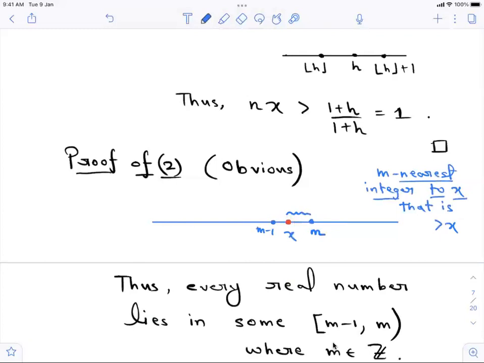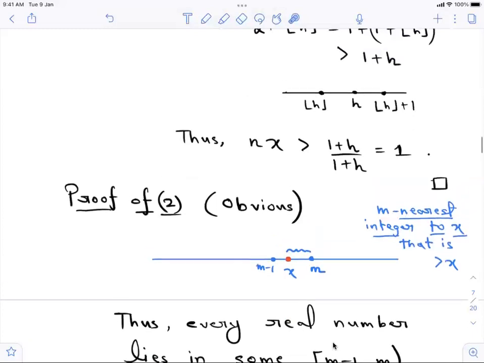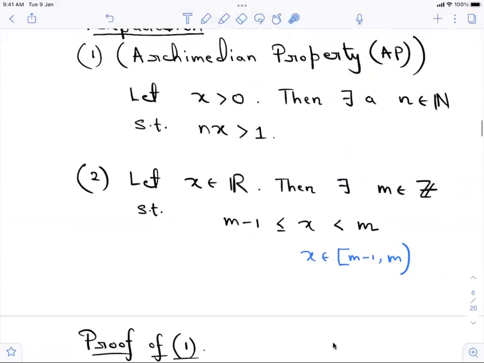If m minus 1 happened to be on the right hand side of x, that is, m minus 1 is strictly bigger than x, then m wouldn't be the nearest one. Then m minus 1 would be the nearest integer to x, right? That will contradict the choice of m that we are making here. So the moment I make that choice of m, it's immediately clear that m minus 1 is less than or equal to x. So that proves the second result.